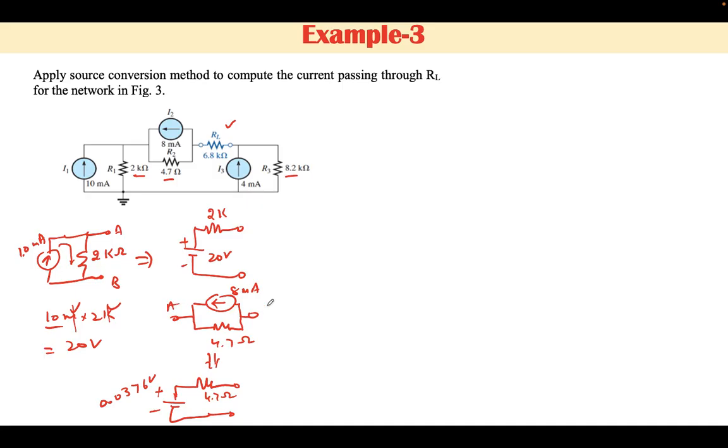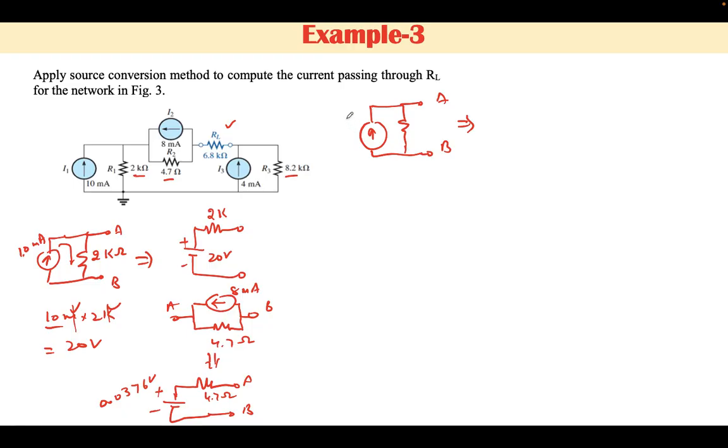This is terminal A and B for this network. Similarly, considering the third element, in this case we have a current source in parallel with the internal resistance across terminal A and B. Then it can be represented as the product of these two.